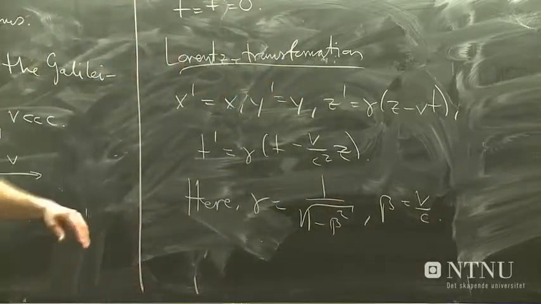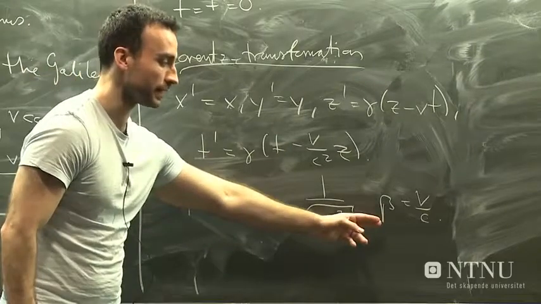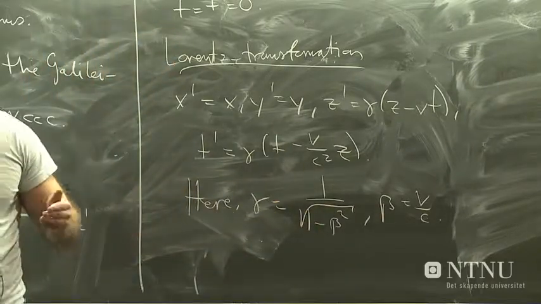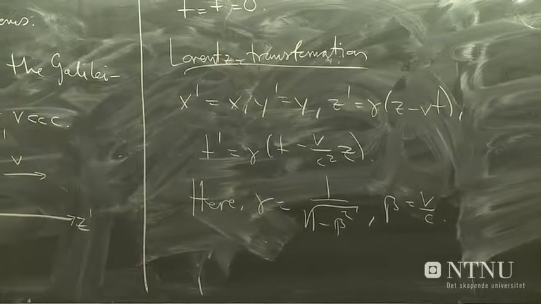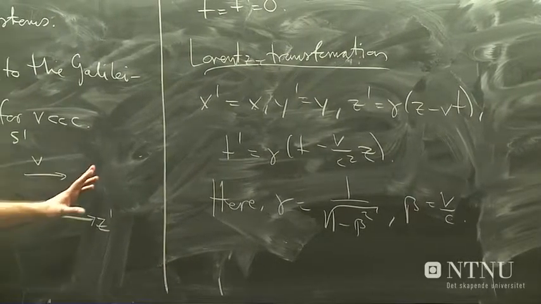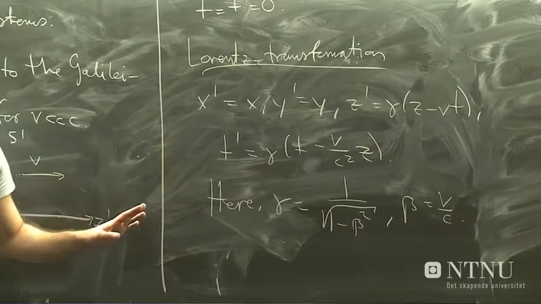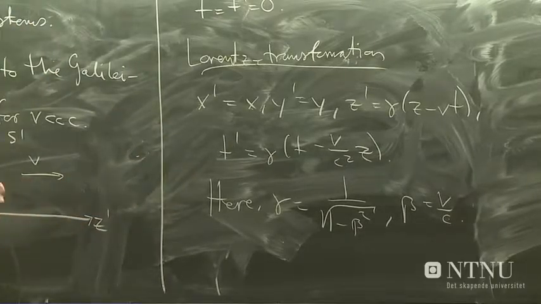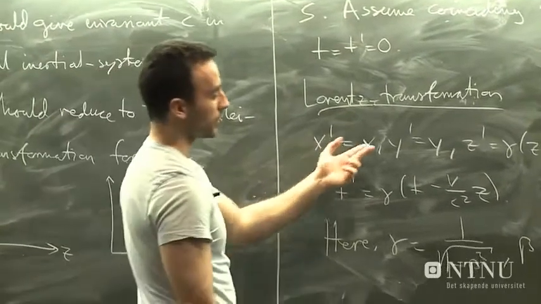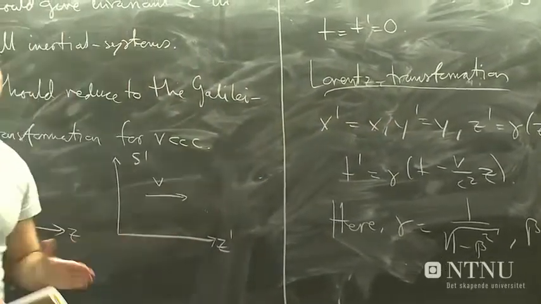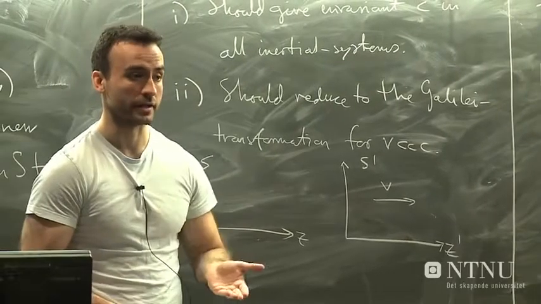And this gamma factor is defined in the following way, where beta is the ratio of this velocity relative to the speed of light. So there are at least three things which should be remarked about the Lorentz transformation. For one thing, the coordinates which are perpendicular to the motion are unchanged.